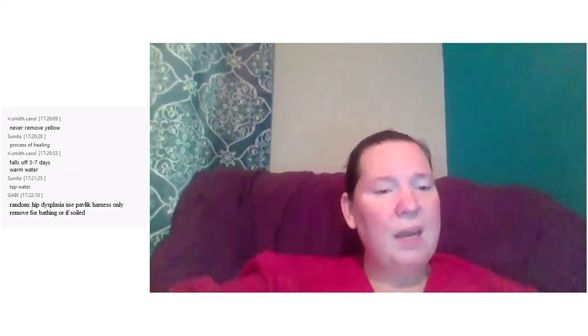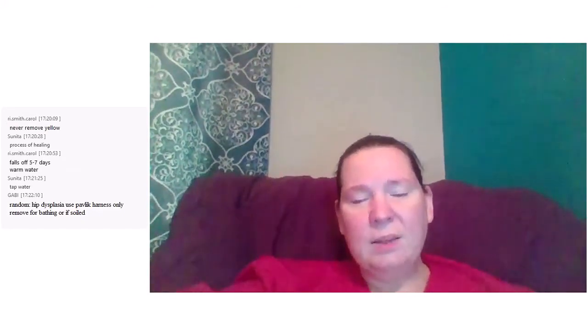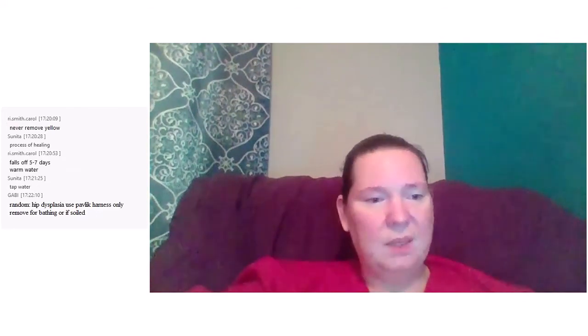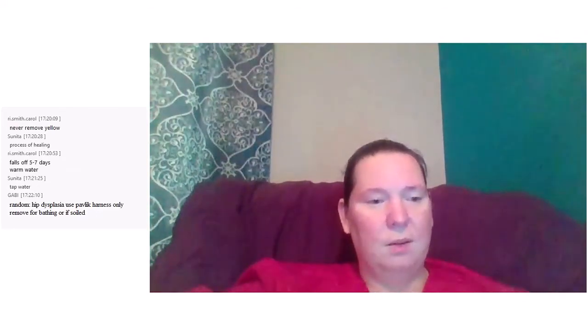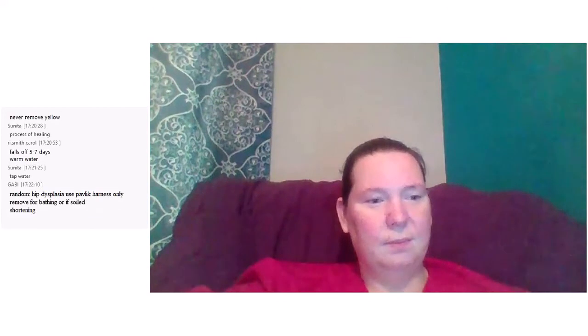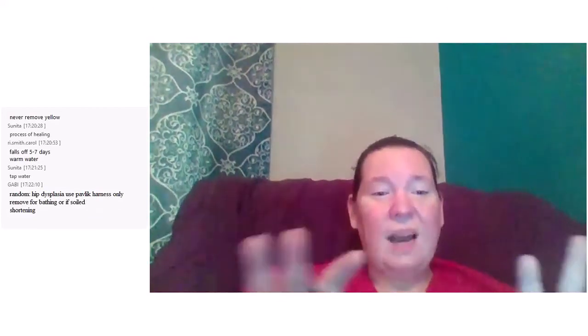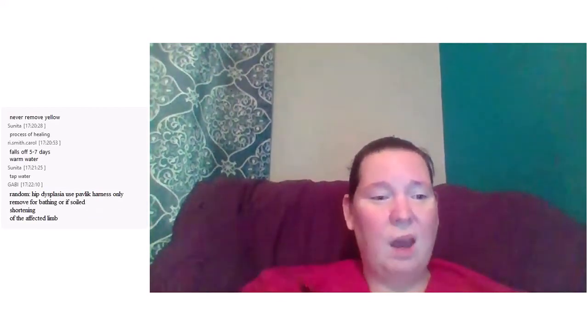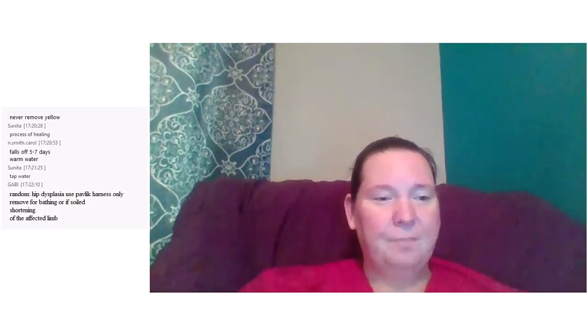Yes, very good. So let's talk about hip dysplasia while we're on there. What are some of the symptoms you'll see with hip dysplasia? Yes, the one side that's affected will be shorter than the other.